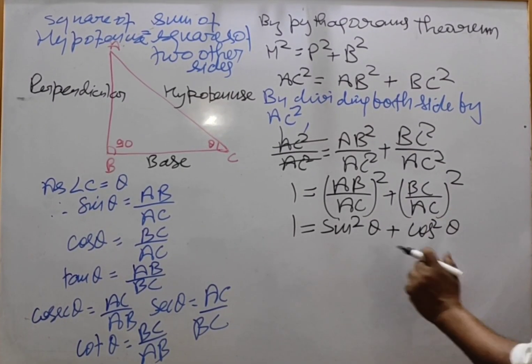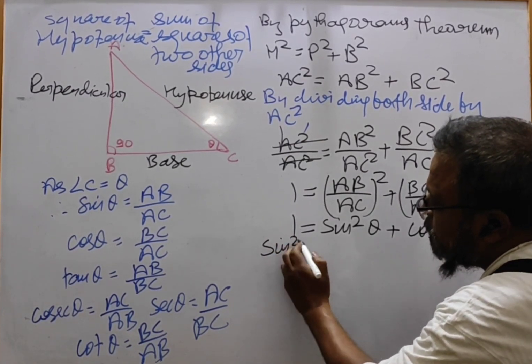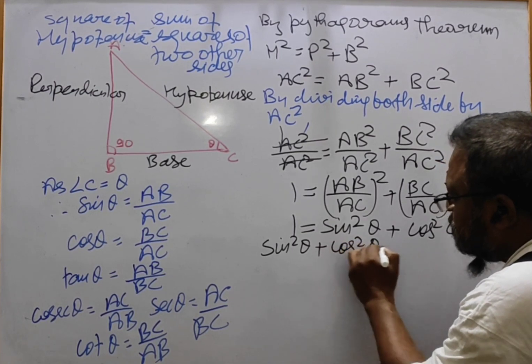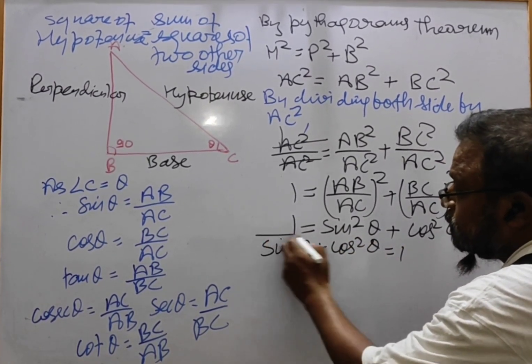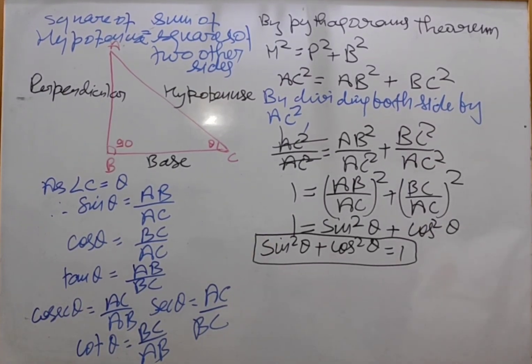So this is your formula that sin square theta plus cos square theta is equal to 1, right? I hope you understand.